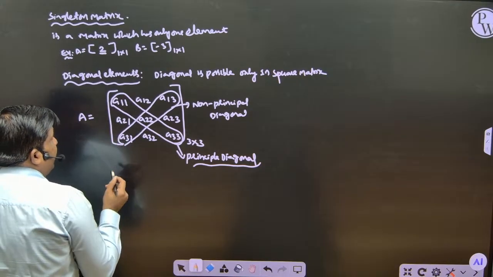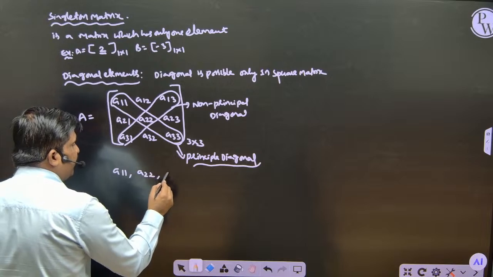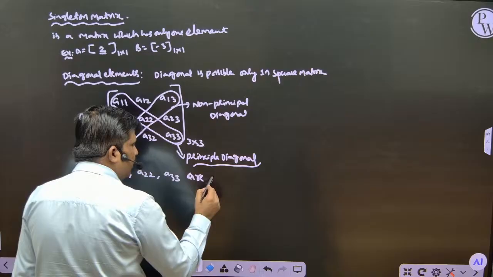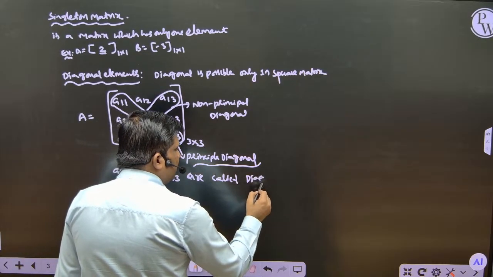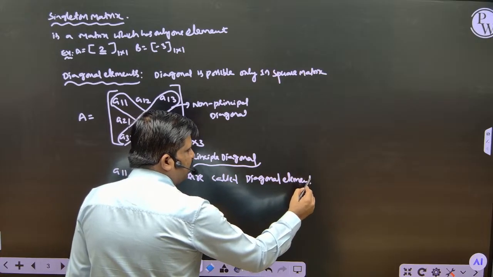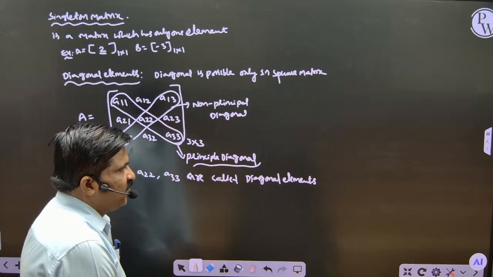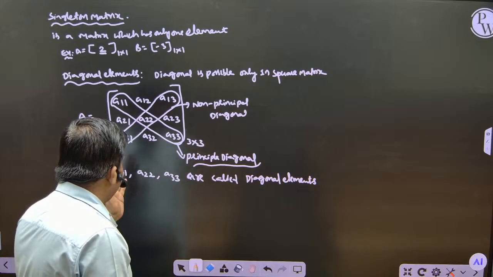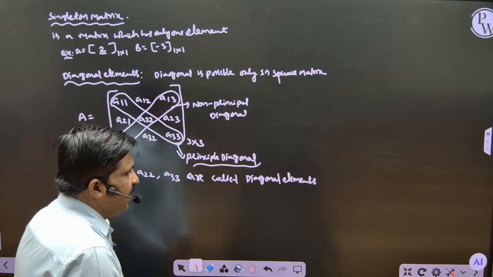The diagonal elements are A11, A22, A33. Diagonal means we consider only the principal diagonal elements.